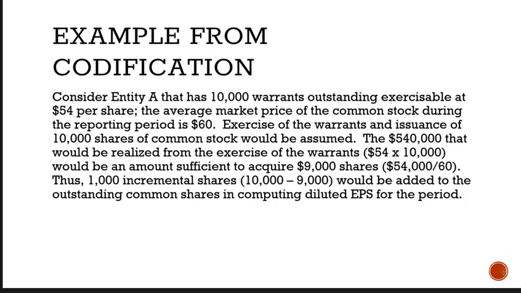That's going to be added to the denominator, the bottom number of our earnings per share calculation to get the diluted number. So whatever that weighted average was we're going to add 1,000. So there's how you do the Treasury stock method. And it's named that because you assume you're going to buy back shares into the Treasury.